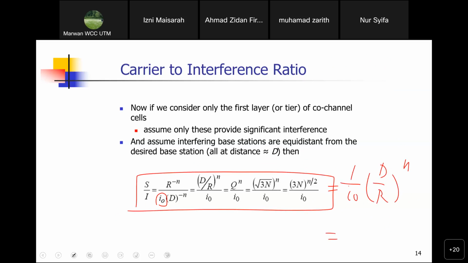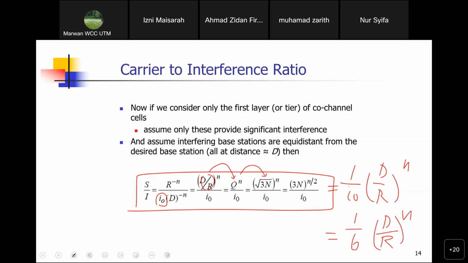If we consider the previous one, it is 1 divided by 6. So D divided by R equals Q, and Q is related to your cluster size. So there is nothing new over there.